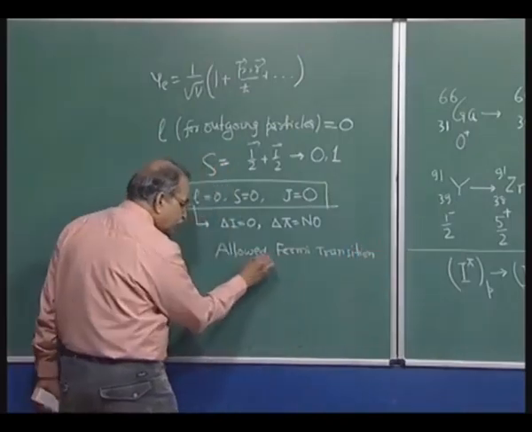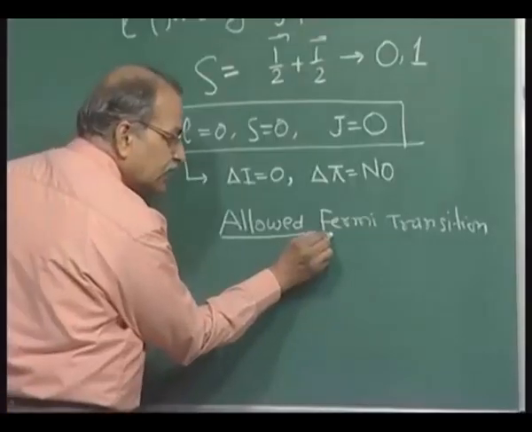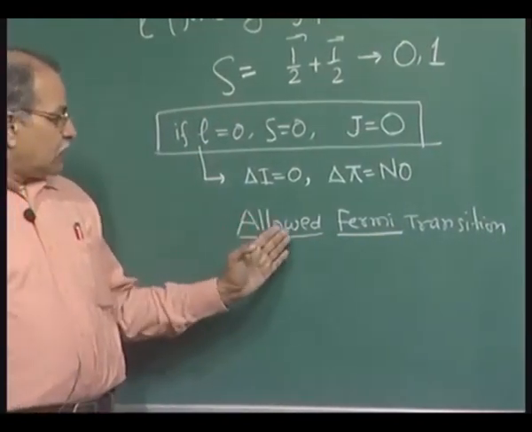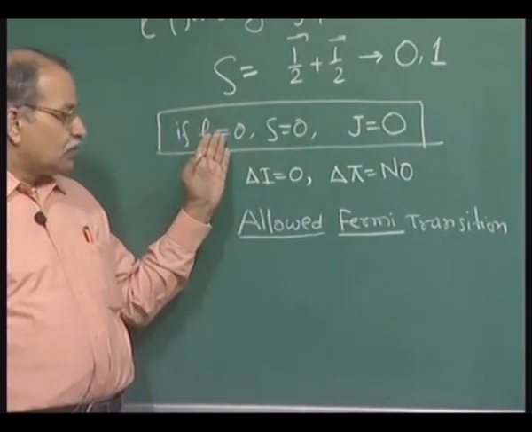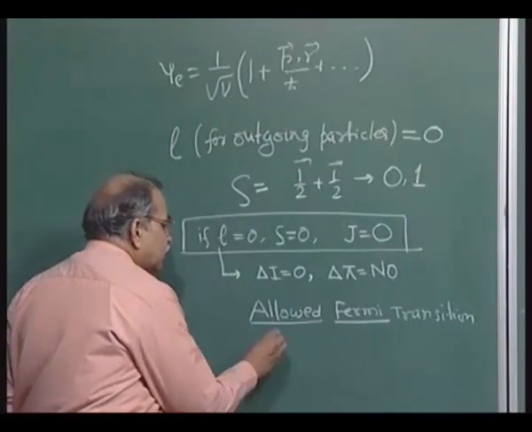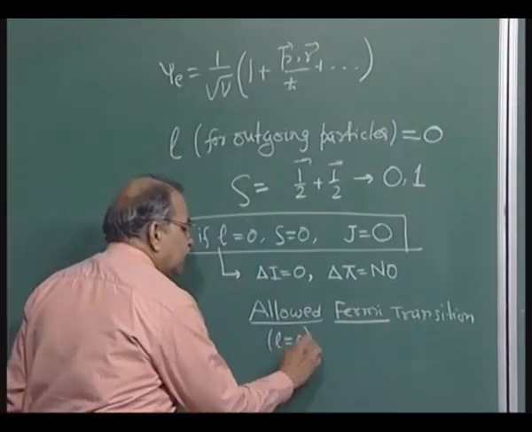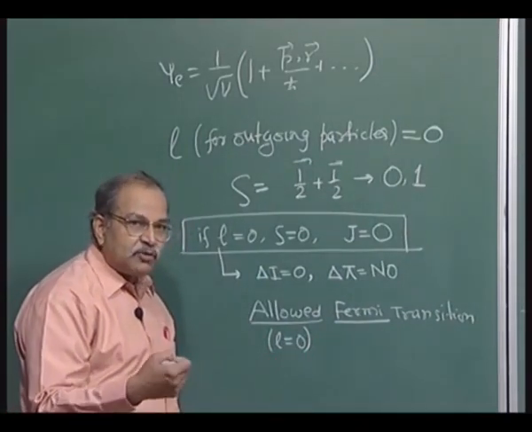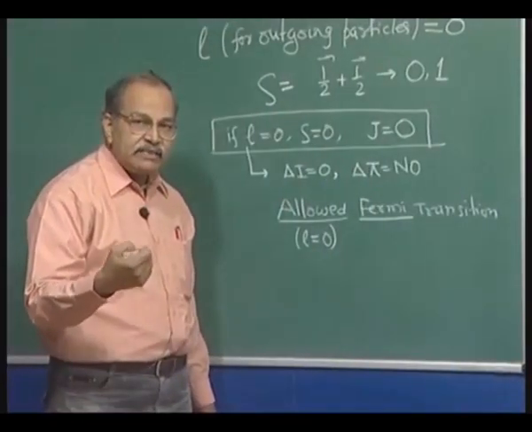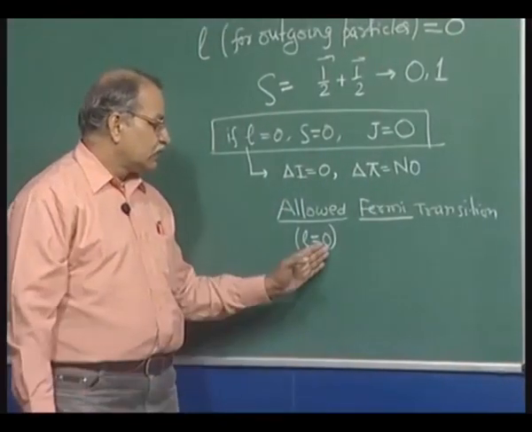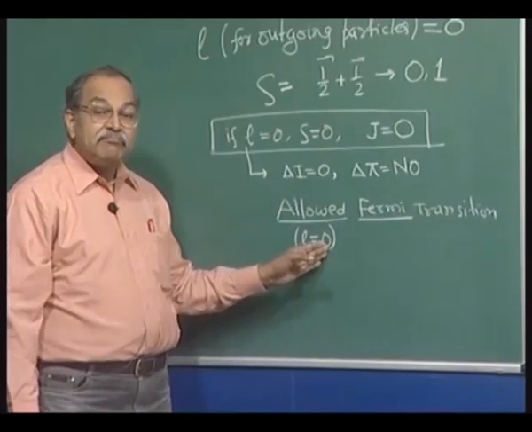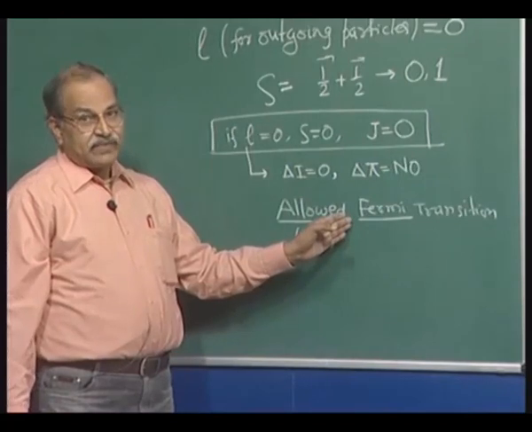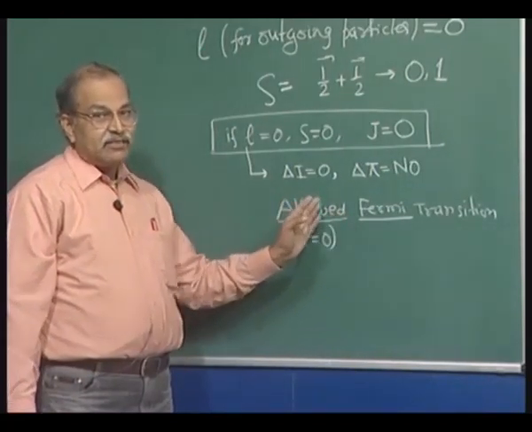In fact, there are two parts, one part is allowed and the other part is the Fermi transition, and allowed corresponds to L equal to 0. If in a beta decay the orbital angular momentum carried away by these outgoing particles is 0, those transitions are named allowed transitions. It is a technical name, do not take the dictionary meaning of allowed.